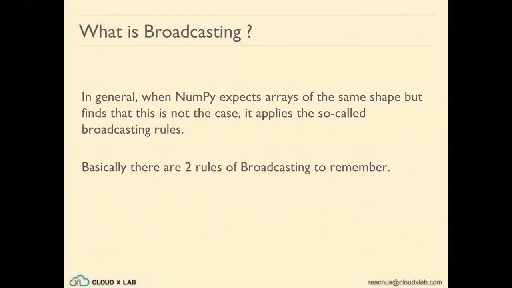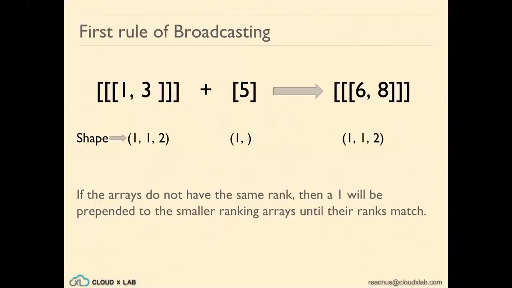Basically, there are two rules of broadcasting. Number one, if the arrays do not have the same rank, meaning one is two-dimensional and the other is one-dimensional, or one is three-dimensional and the other is two-dimensional, or one is three-dimensional and the other is one-dimensional, and so on. Here you can see that this one is three-dimensional, while this one is single-dimensional.